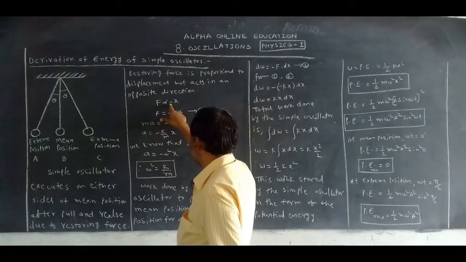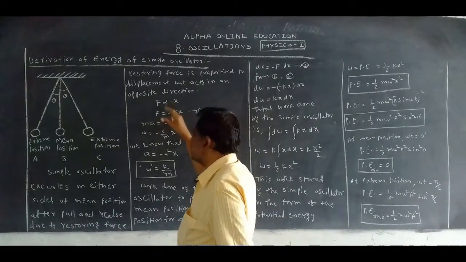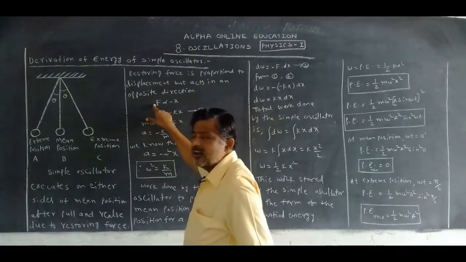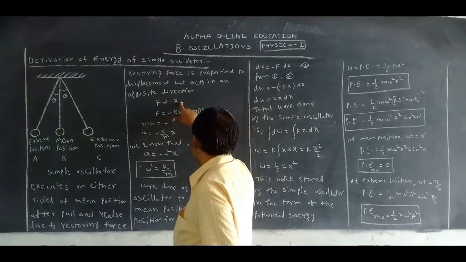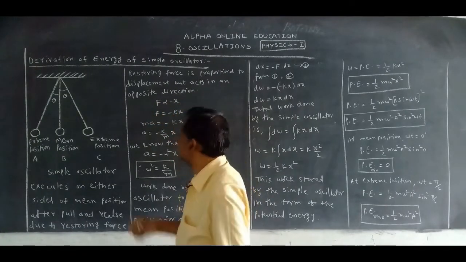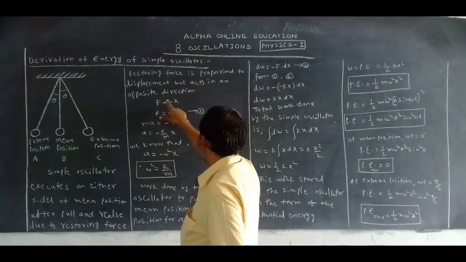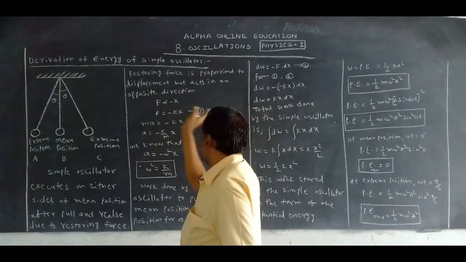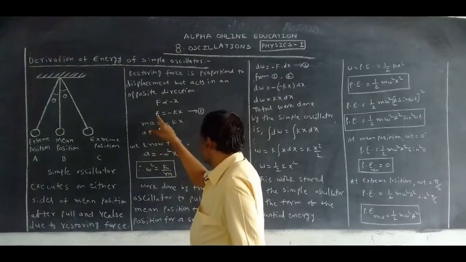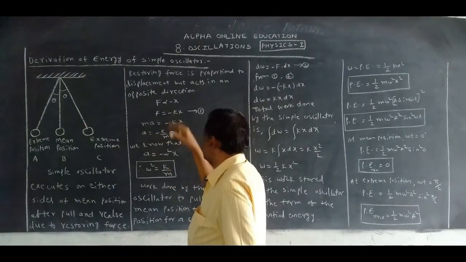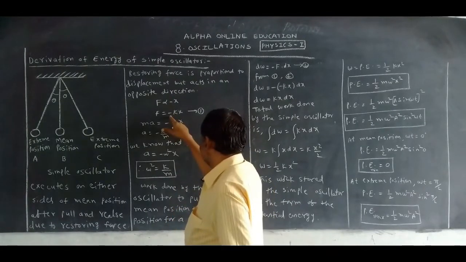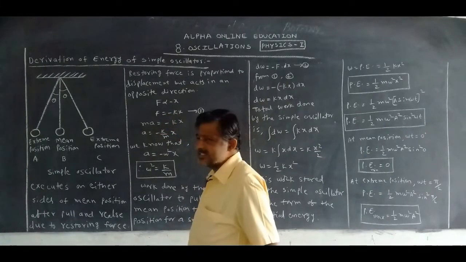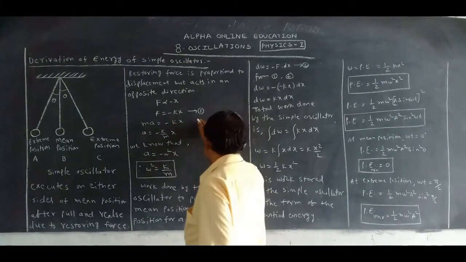F proportional to minus x. Minus indicates the opposite direction. What is F? Restoring force. What is x? Displacement. If we remove the proportionality, we get one constant that is denoted by k. Now we can take F is equal to minus kx as equation 1.